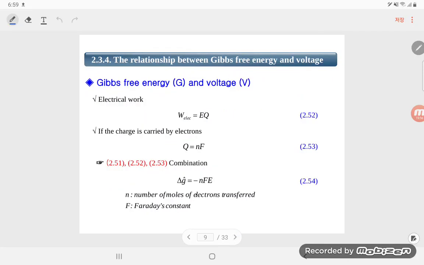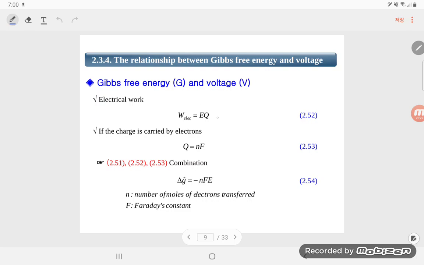Okay, then how can we relate the Gibbs free energy change to the voltage, because we want to know about the reversible fuel cell voltage, right? The electrical work is defined like this: E times Q. So what is the unit of this?